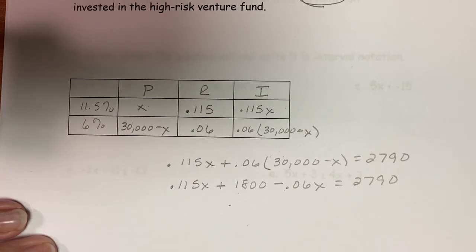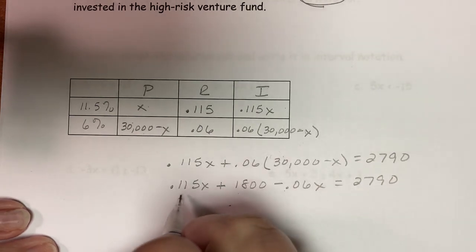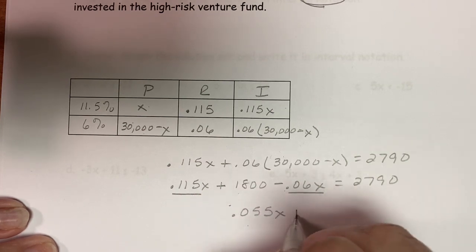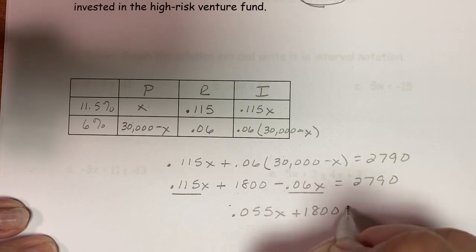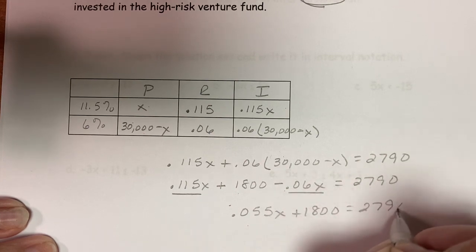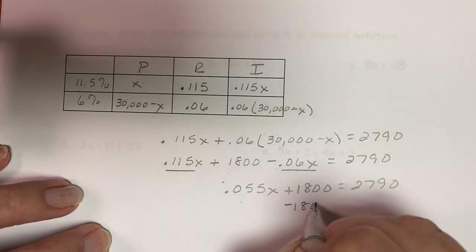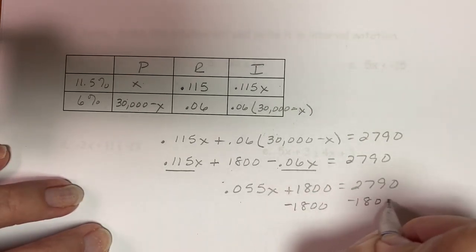Let's combine our like terms. So 0.115 minus 0.06. If I combine these as like terms, I get 0.055x. Let's subtract 1,800 from both sides.